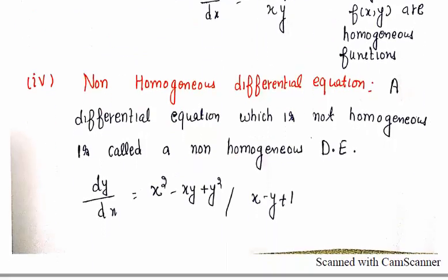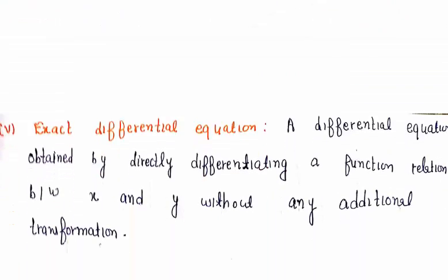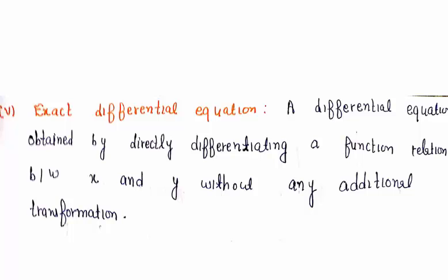And non-homogeneous is which is not homogeneous. And exact differential equation means which is directly obtained by differentiating some relation between x and y without any additional transformation. So these are some introductory parts of the differential equation.